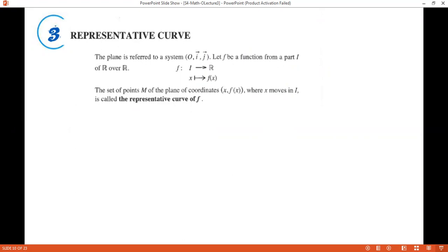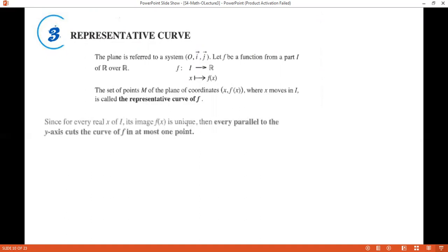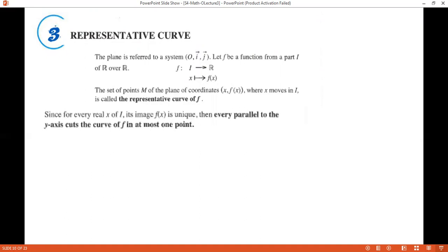As I told you, I, which is the domain, is a part of the real numbers, and for every x there is a value f of x. So the set of points M of the plane with coordinates x, f of x, where x moves in I, is called the representative curve. All the set of coordinates is called the representative curve of the function.